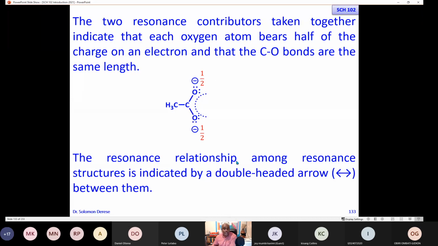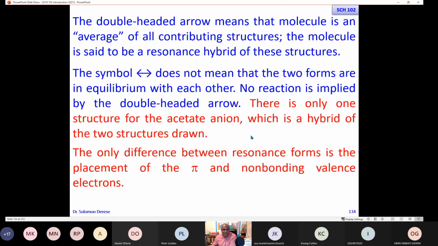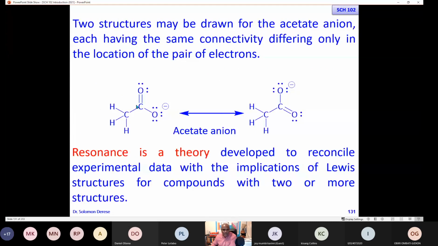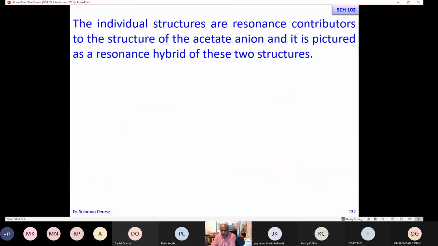The resonance relationship among different resonance structures is represented by a double-headed arrow. This double-headed arrow you put between resonance structures to indicate that this one and these ones are resonance structures of each other, and that both of them contribute towards the structure of the molecule.